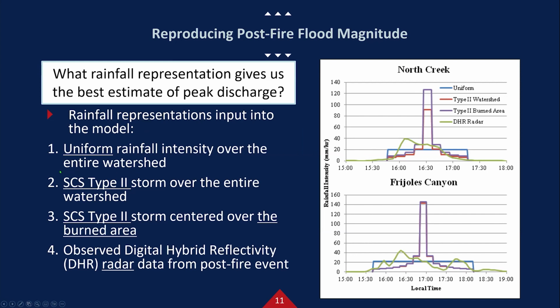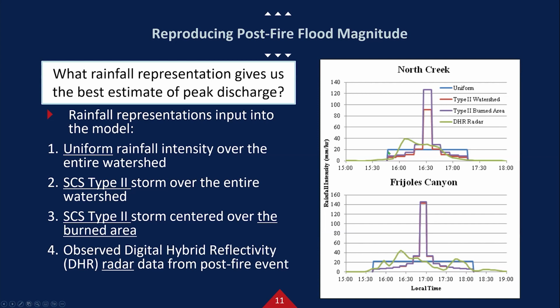So we applied uniform rainfall intensity over the entire watershed, which is typically what you do with a design storm. You might use area reduction factors, but for a quick read, this is the way to do it. We used an SCS type 2 storm over the whole watershed, which gives you a peak in the middle of the storm.